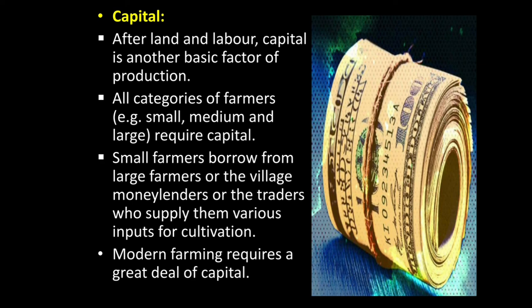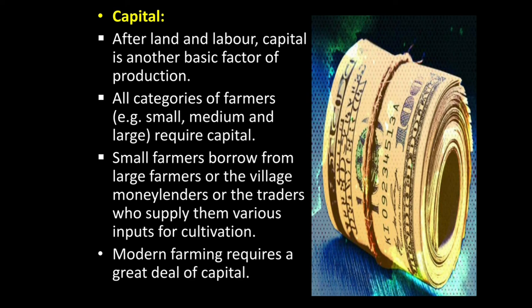But large scale and medium scale farmers generally rely upon banks and cooperative societies, which are secure sources of credit, or generally they already have their capital ready in order to invest in their cultivation.